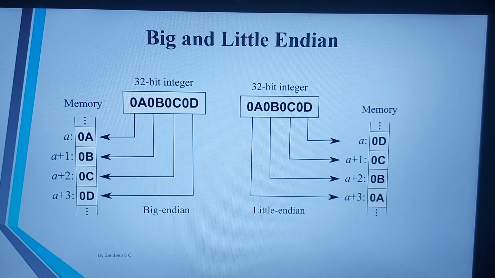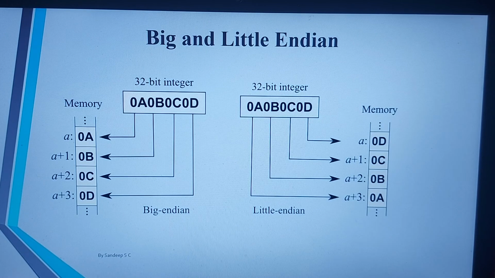I repeat, the most significant byte is stored first at a lower address, and then sequentially the next bytes keep storing in the next consecutive memory locations, and the least significant byte is stored at the highest address in case of big endian.